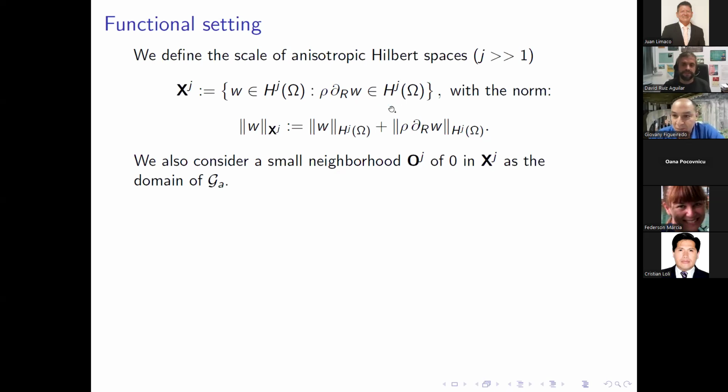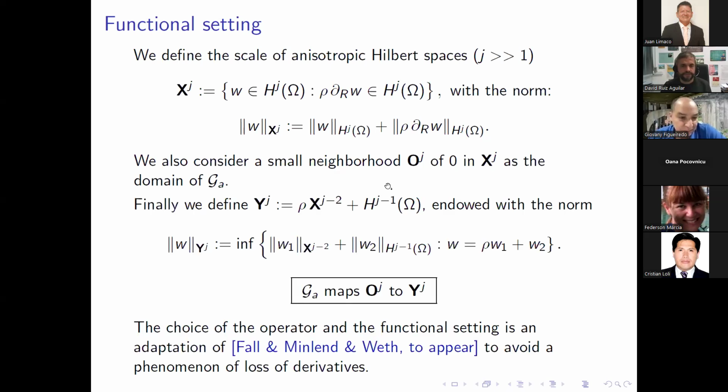So basically, this tells you that you can compute j derivatives always, and you can compute j plus one derivatives, but at least one of the derivatives has to be with respect to r. And if you multiply it by rho, then it is in H^(j+1). Otherwise, you don't know. And this is the domain. For the codomain, it is this space, the sum of these two. This one is isotropic, but this one is anisotropic.